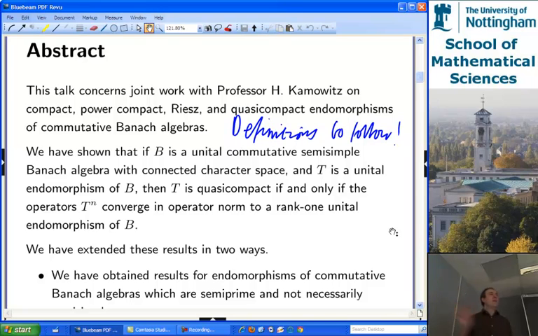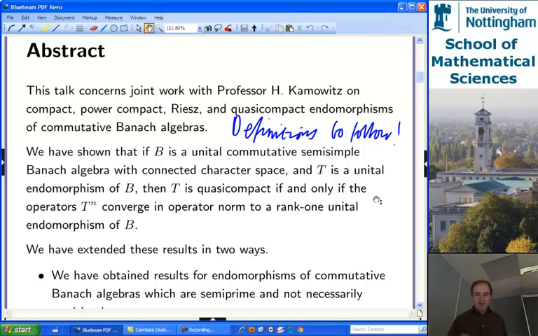So definitions, as I say, to follow, but what is the definitive result that I've got with Herb on compact endomorphisms, say, of semi-simple commutative Banach algebras, and quasicompact, I was going to say here. The nice thing about this one is it's an if and only if, whereas some of the earlier results that Herb got on compact endomorphisms weren't if and only if.